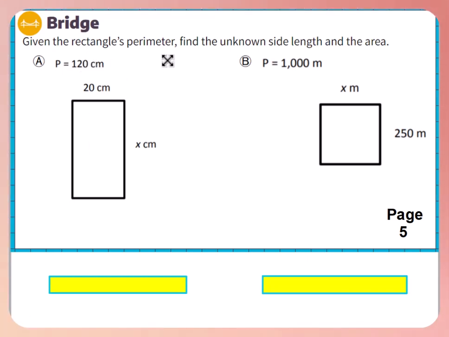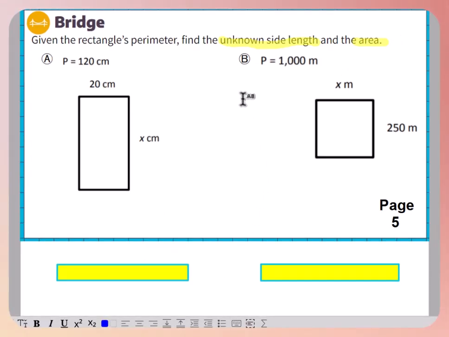We're given a rectangle's perimeter. We want to find the unknown side length, and we want to find the area. So let me highlight what we're looking for: the unknown side length and area. Do you remember how to find area? The formula for area is length times width.